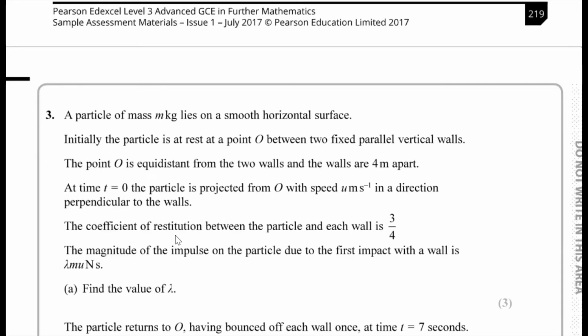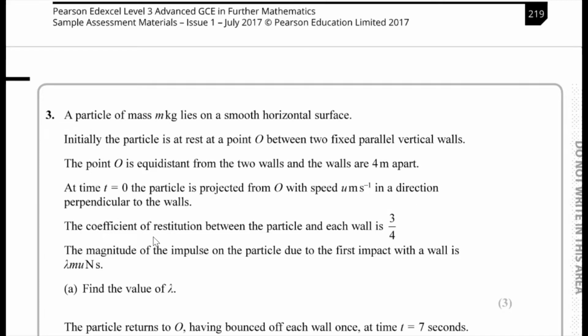Question 3. A particle of mass m kilograms lies on a smooth horizontal surface. Initially, the particle is at rest at a point O between two fixed parallel vertical walls. The point O is equidistant from the two walls, and the walls are 4 meters apart. At time t equals 0, the particle is projected from O with speed u meters per second in a direction perpendicular to the walls.